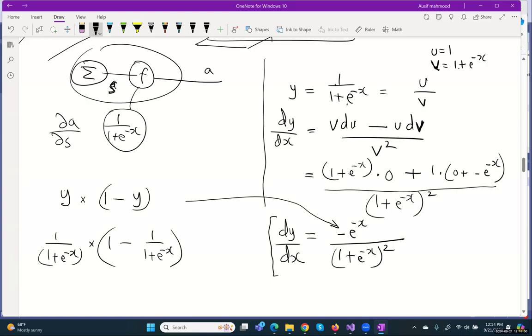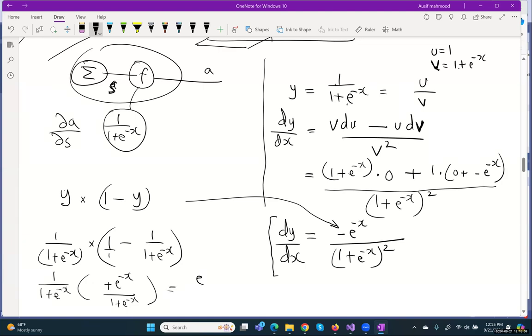So if I expand this out, this will become 1 plus e to the minus x. And this one, as you can see, will become minus e to the minus x, because over here, think of it as 1. At the bottom, I will get 1 plus e to the minus x, right? So then this will become plus e to the minus x, okay?